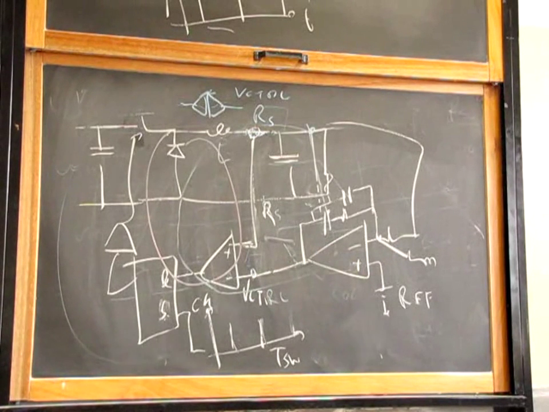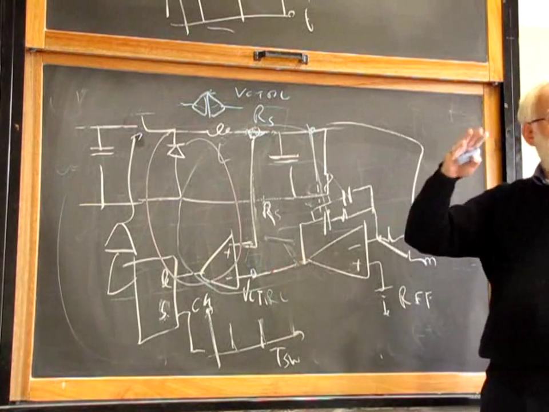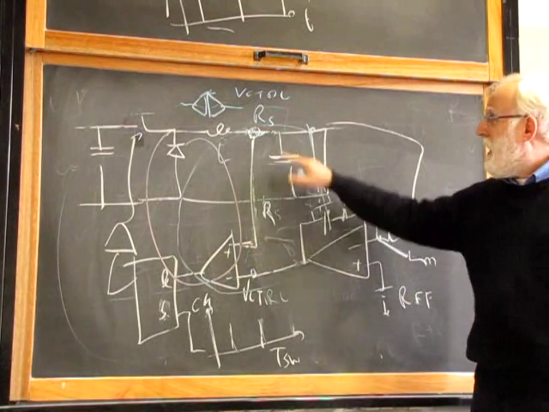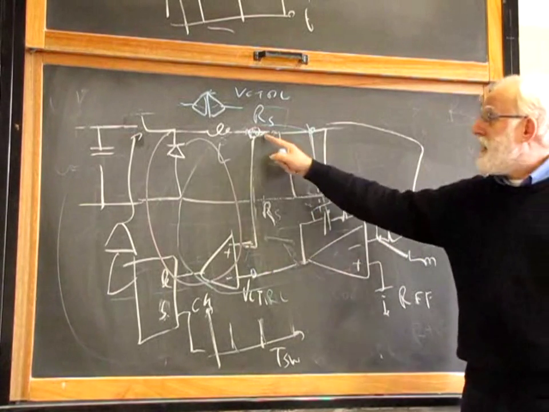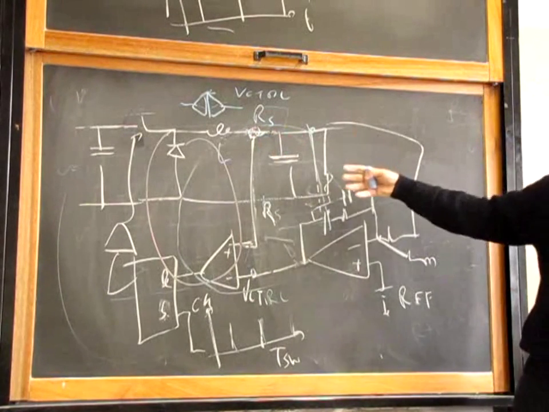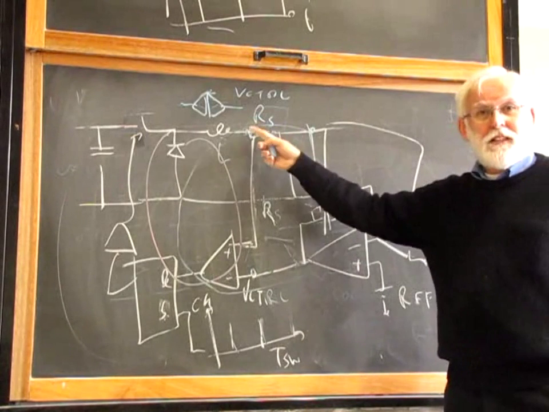On the other hand, if I have a large voltage over here, for example, this output voltage can swing from 0 to 5 volts, I need IL times RS, that is 5 volts. And 5 volts over RS means 5 volts of loss on the output voltage. It means a large power dissipation on this resistor.